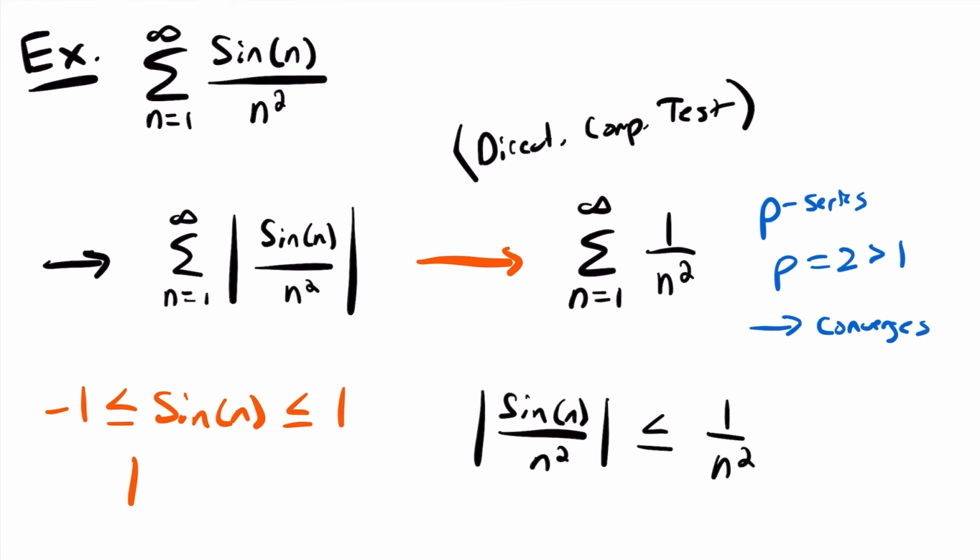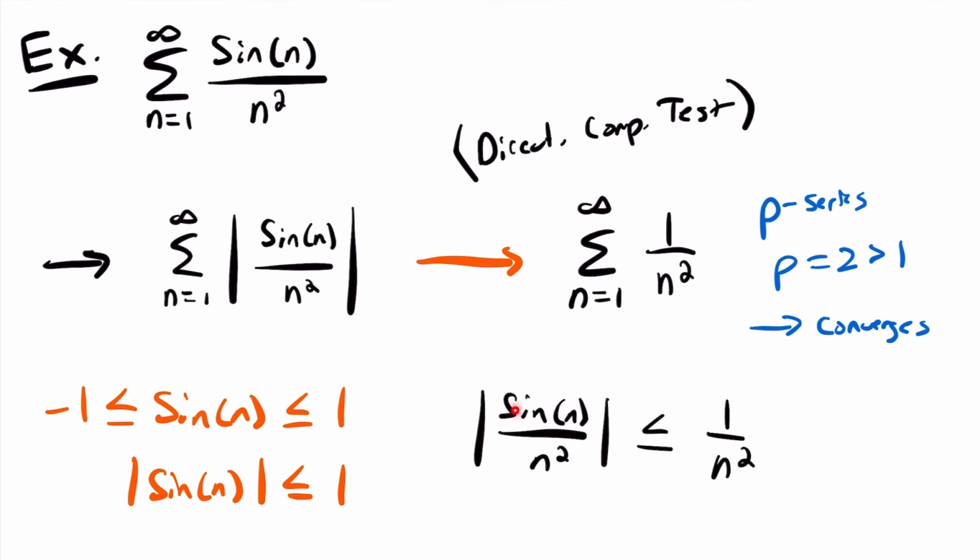And so the absolute value of sine of n will be less than or equal to 1. This will never output any values that will be negative, and so we can just say that the absolute value of sine of n will be less than or equal to +1. And that is exactly what we needed to be true for the numerators of these two expressions.